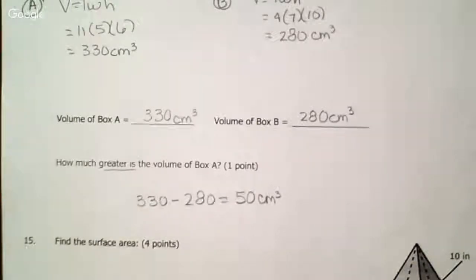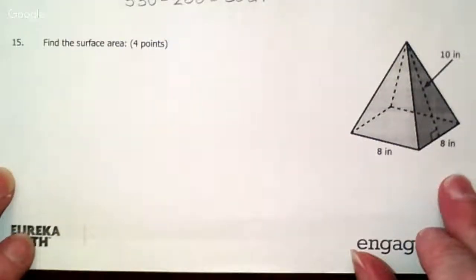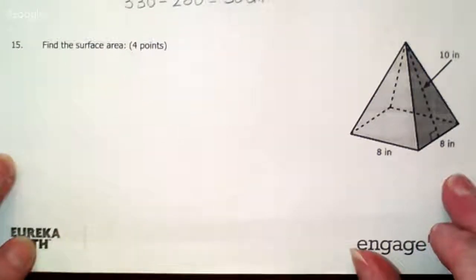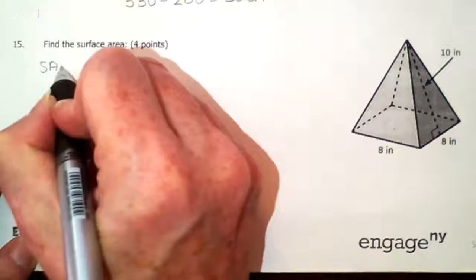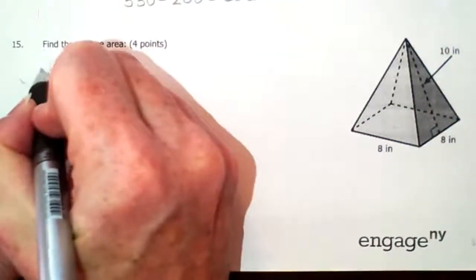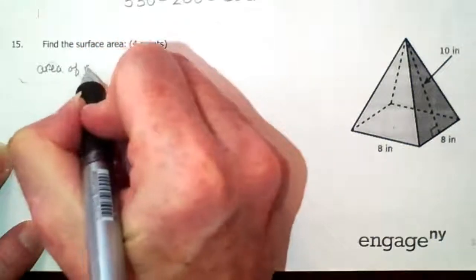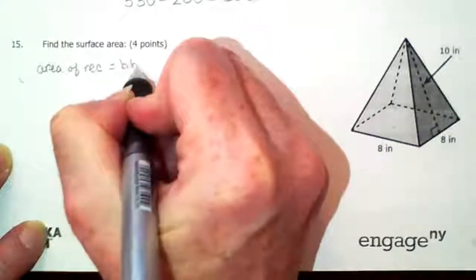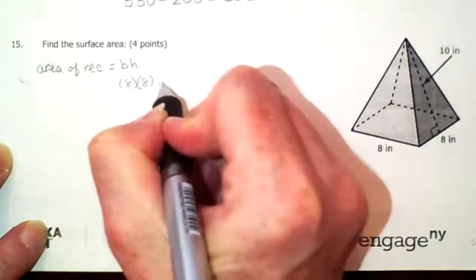Last, we're finding the surface area of this pyramid. Okay, so to find the surface area, we have to find the surface area of our base. So the surface area of our base is the area of our rectangle, which is our base times height, or 8 times 8, which is 64.